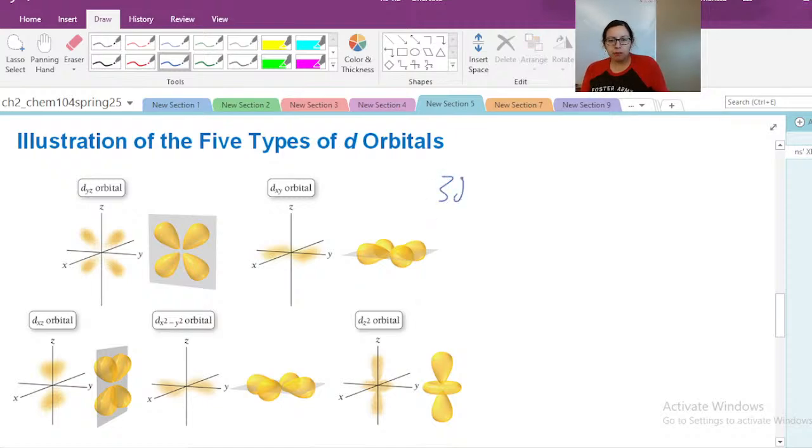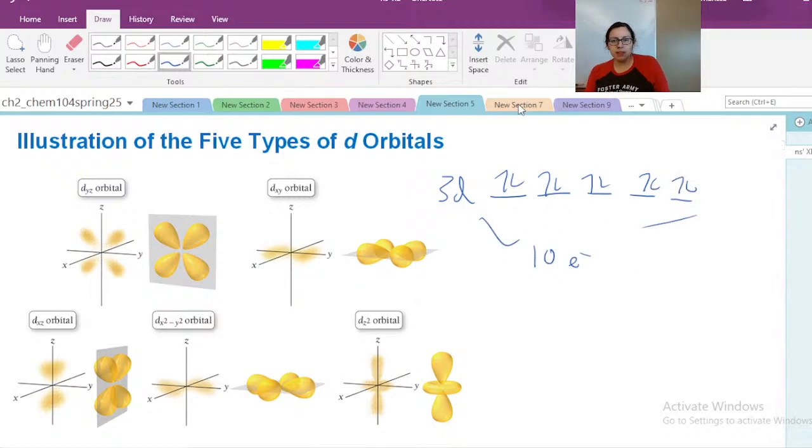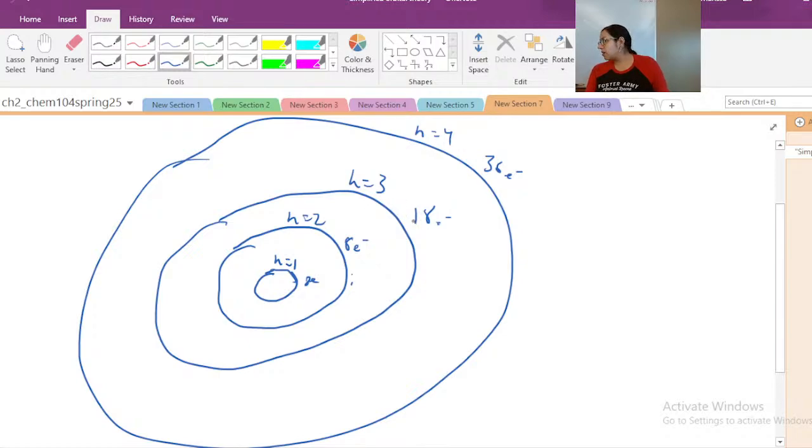Just like before, I'll draw it like so, 1, 2, 3, 4, 5, to show our little d orbitals. Each one of these d orbitals can hold 2 electrons. So there we go, 10 electrons total in the d. That explains how we got to 18 in this oversimplified model.